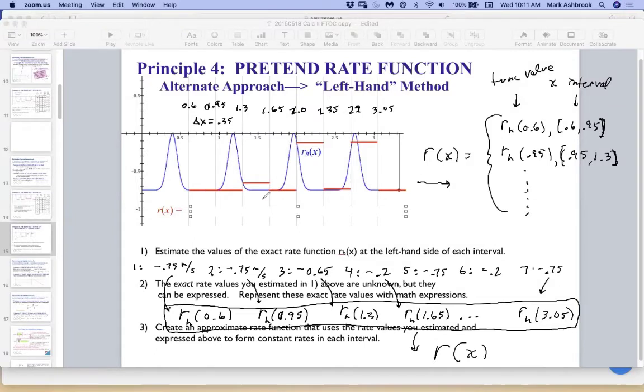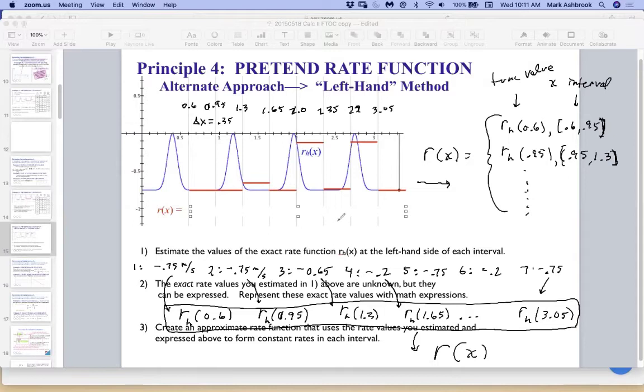Yeah, okay. So the number of intervals is not really a crucial point here. The width of the intervals is important. But we're just doing a sampling. We're starting off building this approximate rate function, and it would keep going until the flag reached the ground or the soldier's hands or whatever.